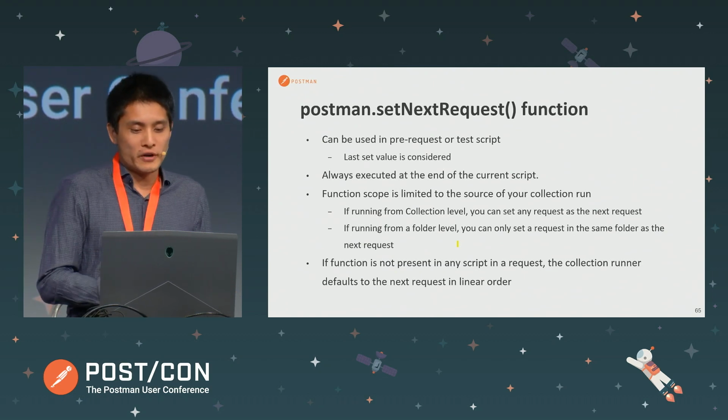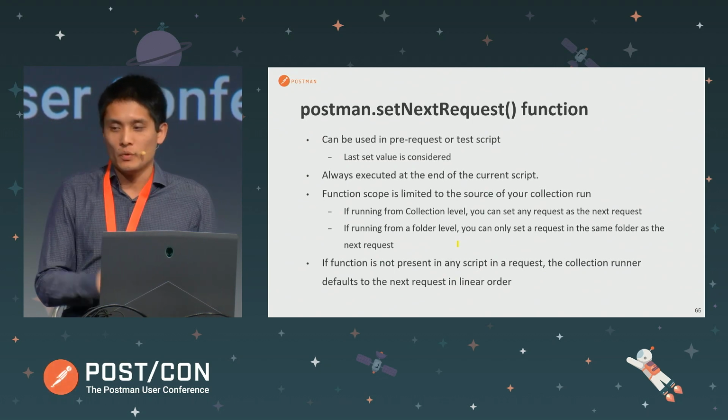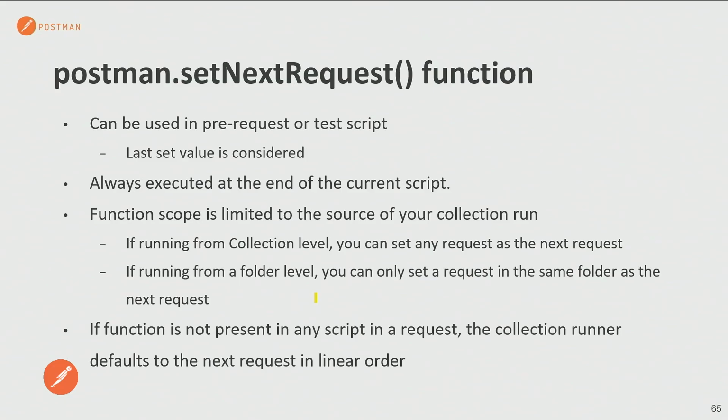And the scope of the function is also limited to the source of your collection run. What that means is, if I'm running the entire collection, then I can set any request as my next request. But if I'm only running a folder in that collection, then I am limited to requests in the same folder.